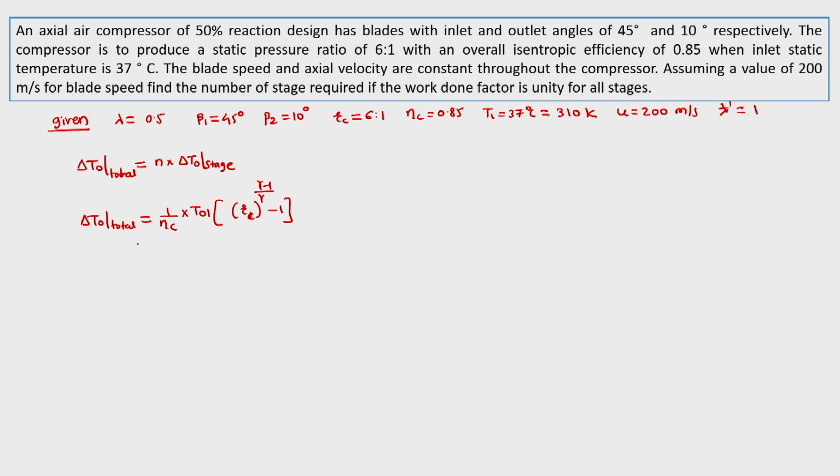Knowing this, we can put delta T naught total is equal to 1 upon compressor efficiency, which is 0.85, total temperature is 310, compression ratio is 6, raised to 1.4 minus 1 divided by 1.4, minus 1.